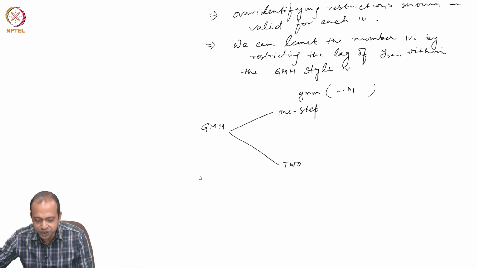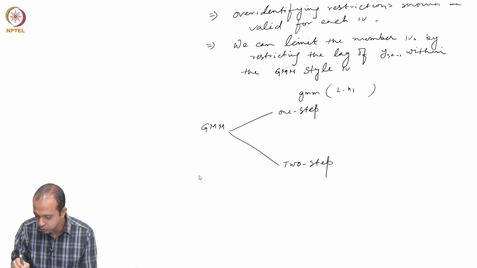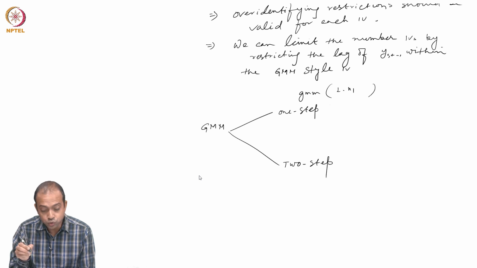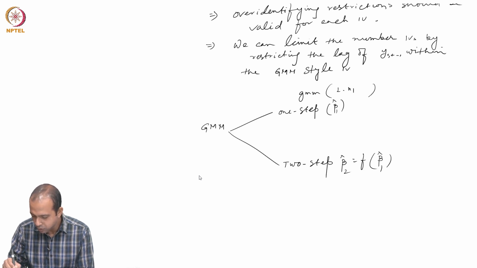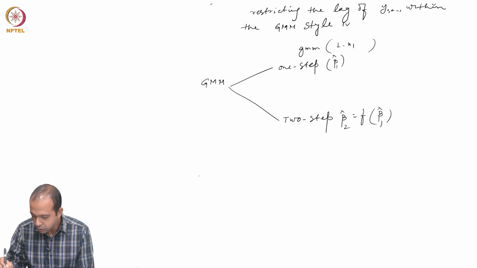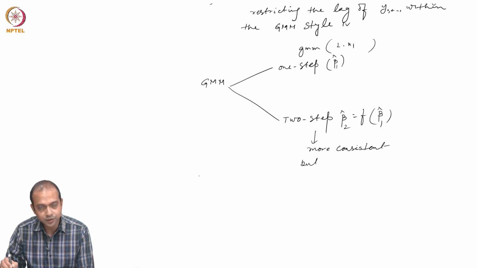So, two step GMM is actually more consistent, but what happens to two step, either difference or system GMM, is that the asymptotic standard errors are severely downward biased.